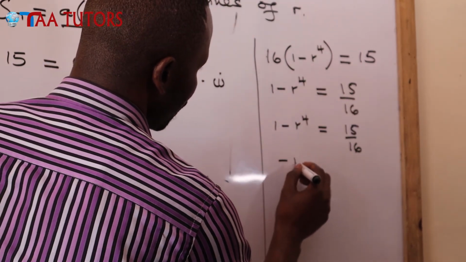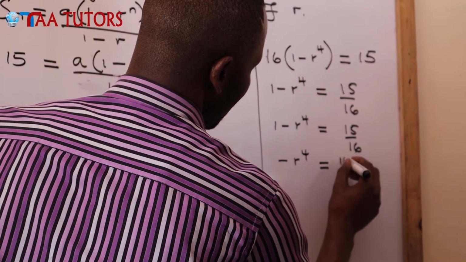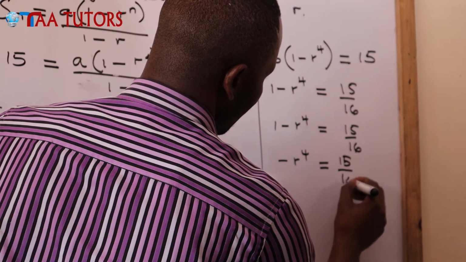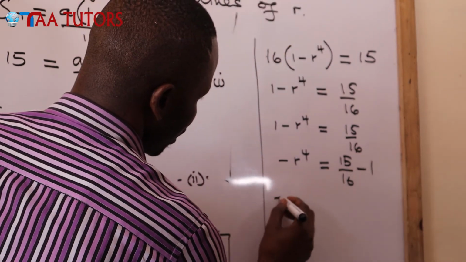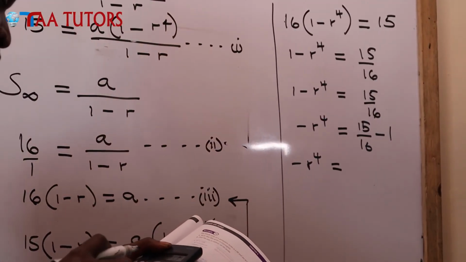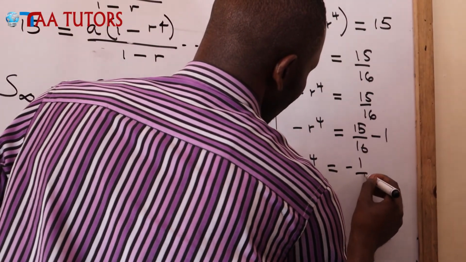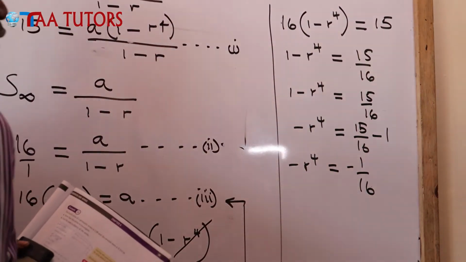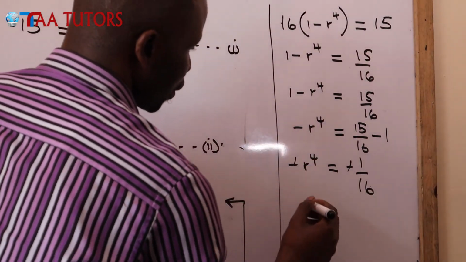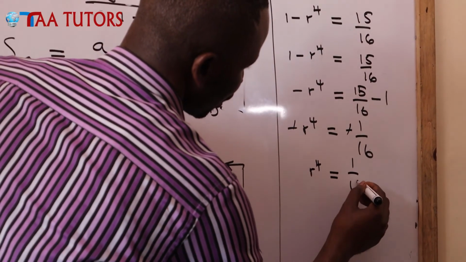I'll say negative r^4 equals 15 over 16 minus 1, which is negative 1 over 16. So negative 1 over 16, we know that negative and negative will go. So r^4 equals 1 over 16.